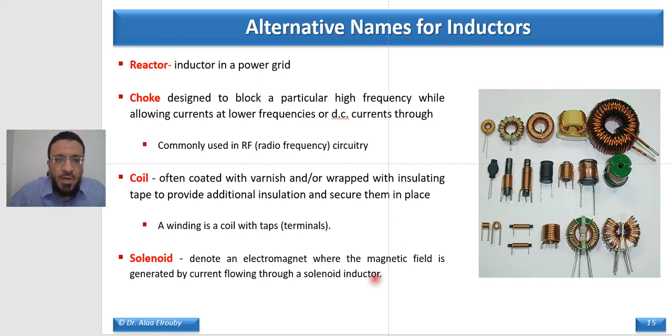So the four names, reactor, choke, coil, and solenoid, are all referring to inductors. They are somehow equivalent, with different names used in different domains or different industries.